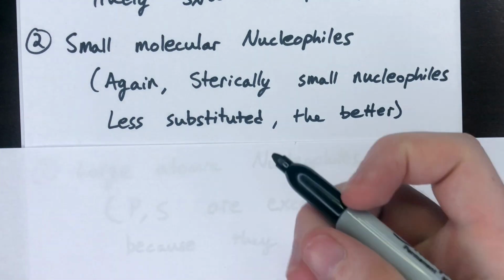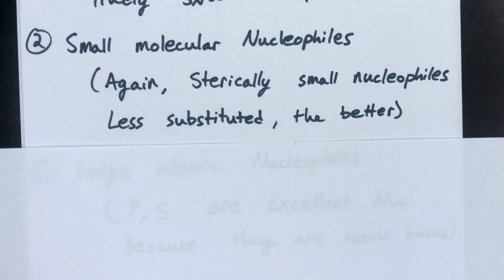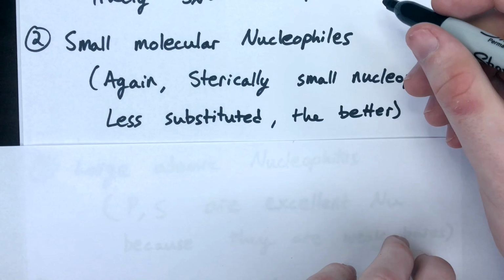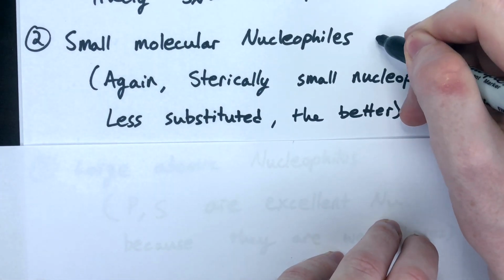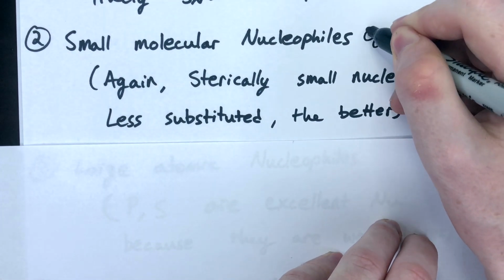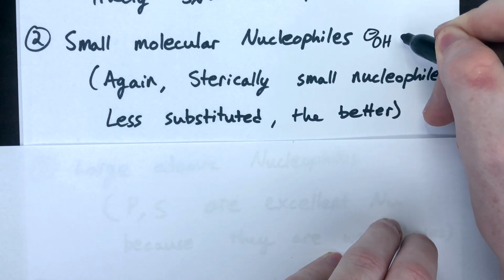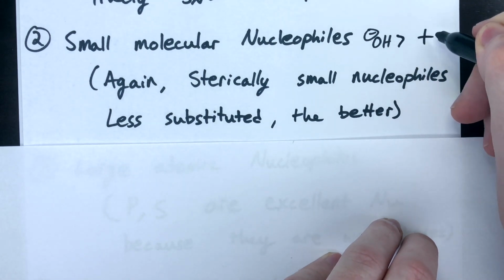And this is due to sterics, and sterics are essentially the bulky nature of a molecule. If it is more sterically hindered, it means there are larger groups on that molecule that would prevent another molecule from getting close. So as a specific example, OH minus is a much better nucleophile towards SN2 than something like t-butoxide.